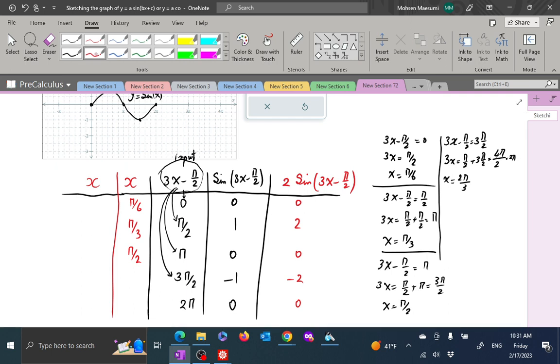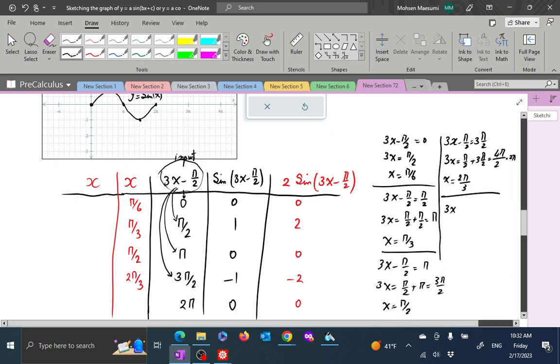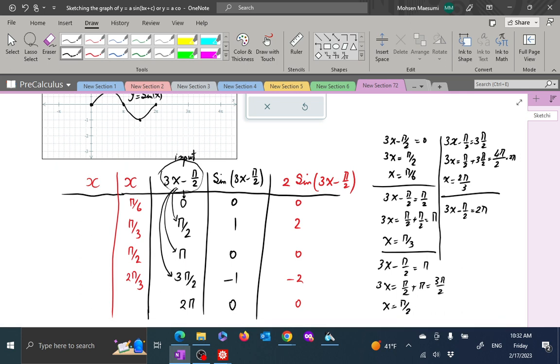So now let's write 2 pi over 3. One more round. 3x minus pi over 2 is equal to 2 pi. Can I summarize this? Yes, you can write the right hand side as x prime, and then solve it in terms of that, and use the same formula 5 times instead of reinventing the wheel 5 times.